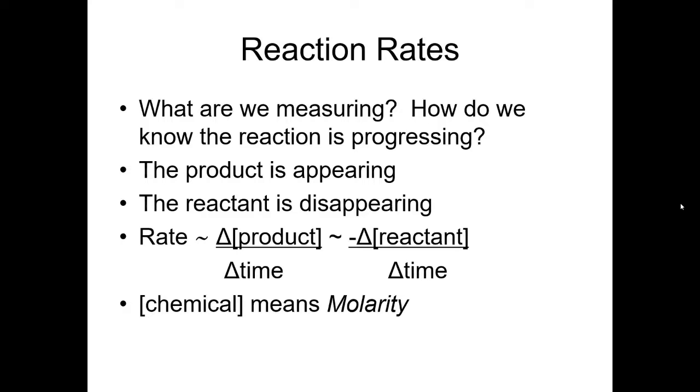Molarity, I can spell it. From here to the end of the year, we're going to be using these square brackets for quite a few things. So this is molarity. Molarity is moles per liter. This is the one that we see most often in lab.